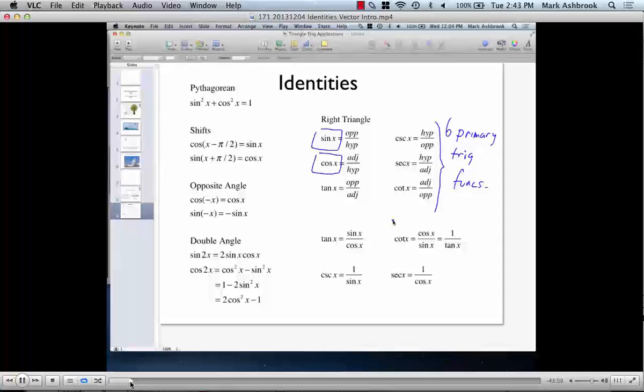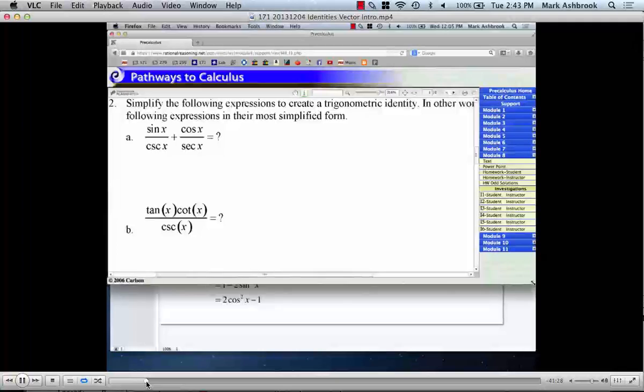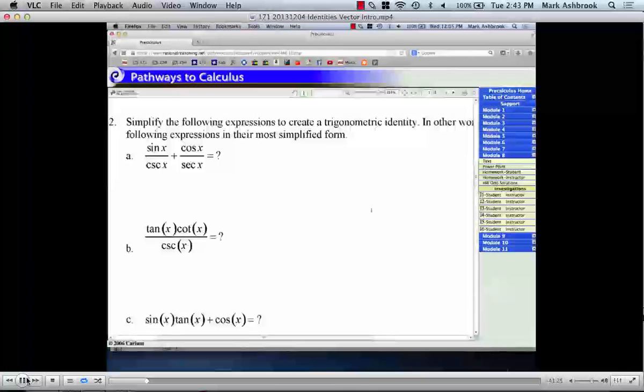In your book, you should have a page like this. I think this is at investigation mod 8, investigation 3. So what you have is these relationships. What page is that on? 333?